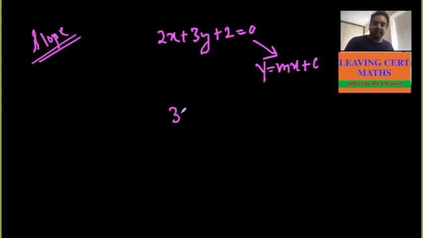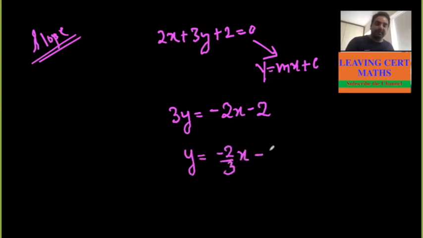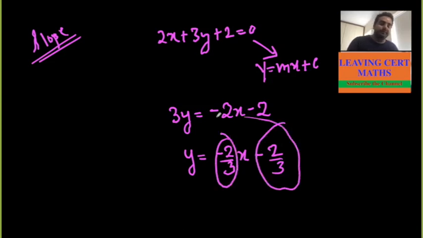Can I write 3y equals minus 2x minus 2? Divide everything by 3, and you get y equals minus 2 over 3 x minus 2 over 3. Now is it in this form? So this is your slope and this is your y-intercept.